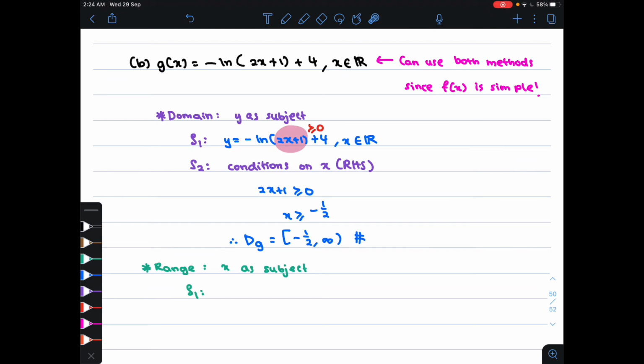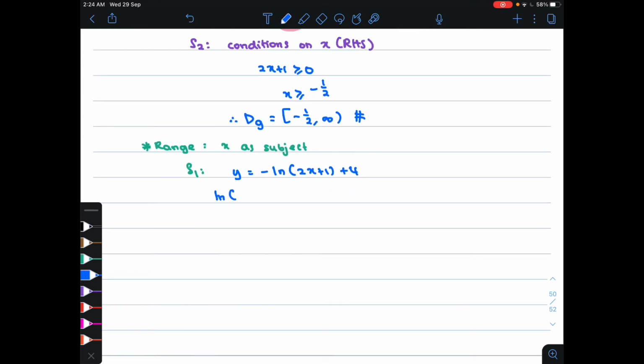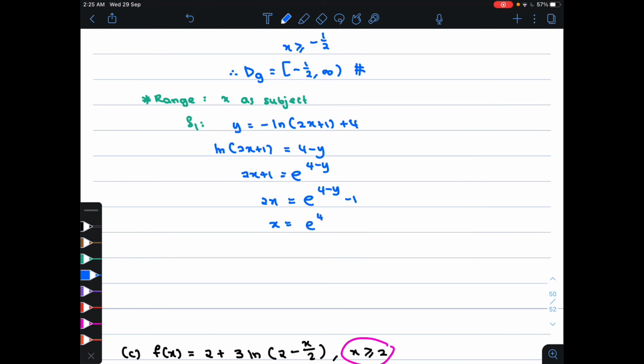So for step 1, rearrange y to get x only. And we will get x equal to exponent (4 minus y) minus 1/2.